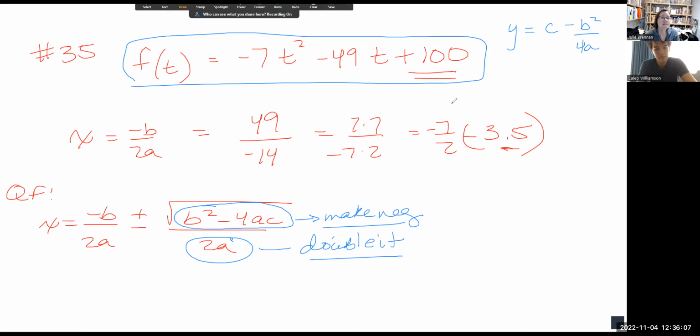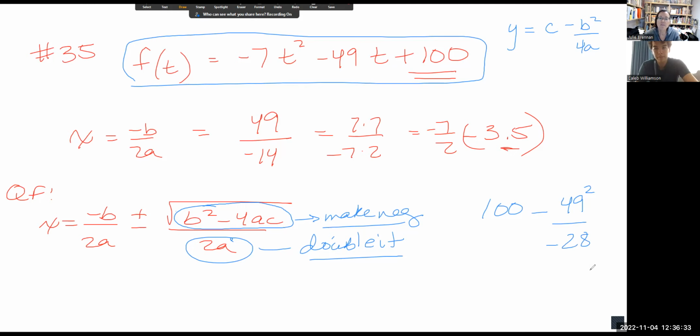If I take c, that's 100. And then I subtract b squared, which is 49 squared, over 4 times 7, that'd be 2 times 14. That would be what, 28?